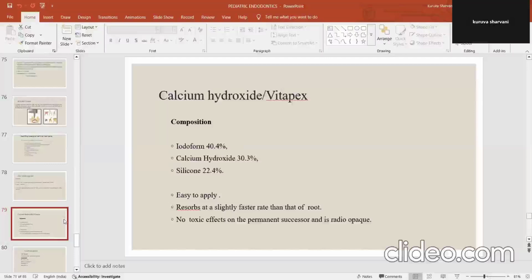In those conditions, it acts as an antiseptic, and it also helps to protect the canals from future infections. It has no toxic effects on the permanent successor.